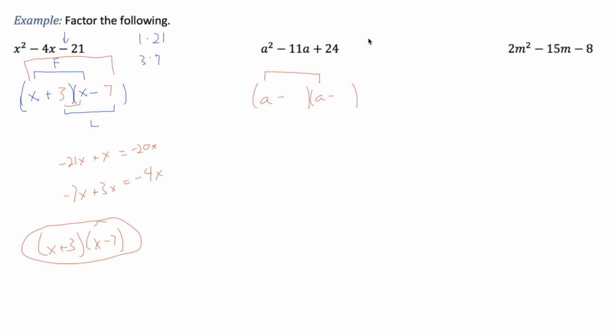Well, how do we get 24? Well, 1 times 24 is 24, 2 times 12, 3 times 8, and 4 times 6. So we have different options here.